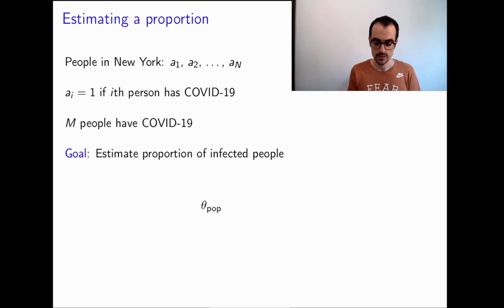Our goal is to estimate the proportion of infected people, which we call theta of the population, which is equal to the sum of all of these variables, because these are equal to 1 if the ith person has COVID-19. This proportion is just going to be equal to M over N. This is what we want to estimate from the population.